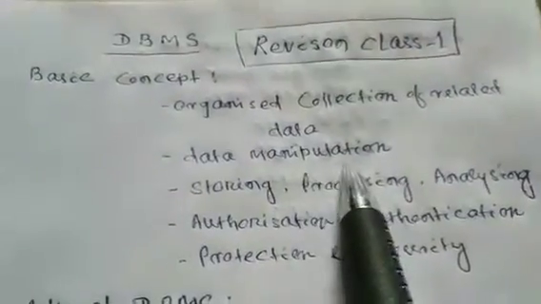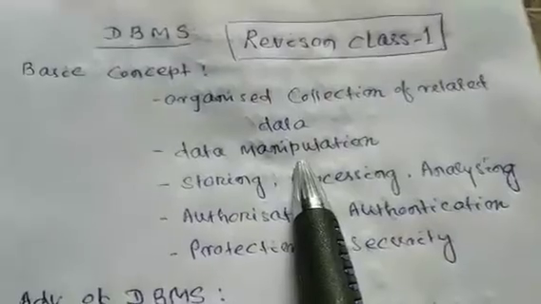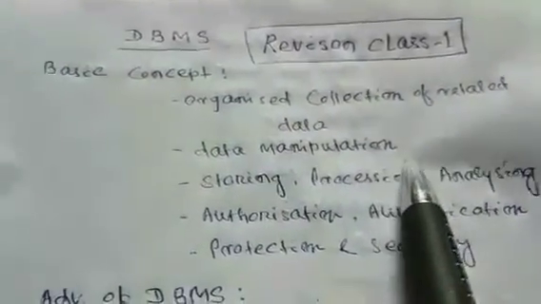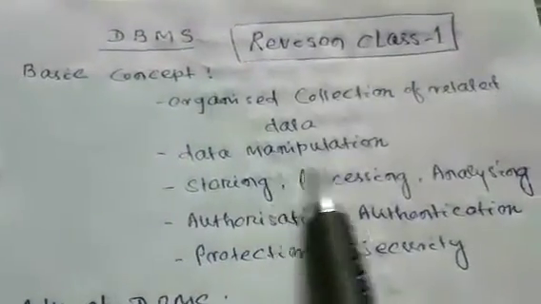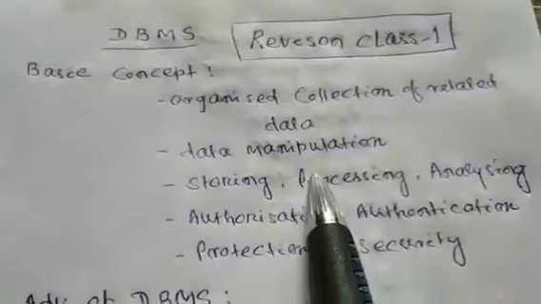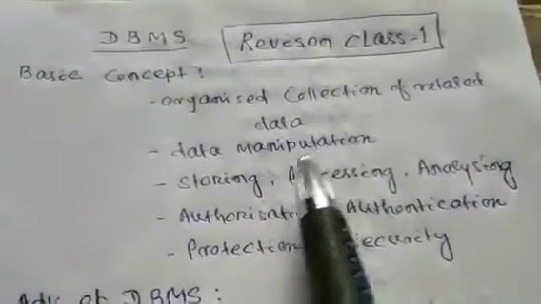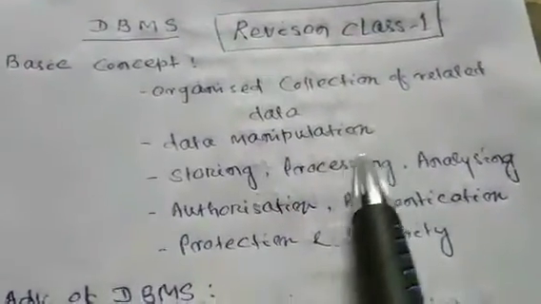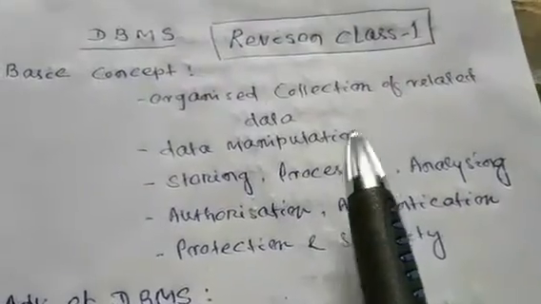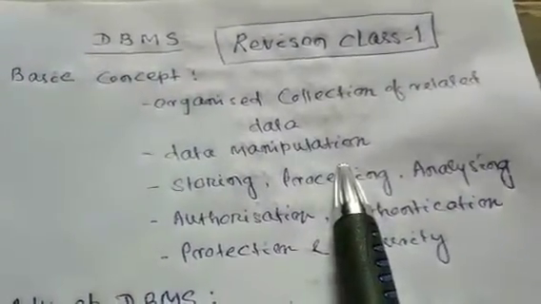Data manipulations are the database operations like insertion, means adding new data to the database, deletion, removing data from the existing database, updation, where we can change or modify, or we can search and sort. We already learned all these operations in the basic concept of this chapter.